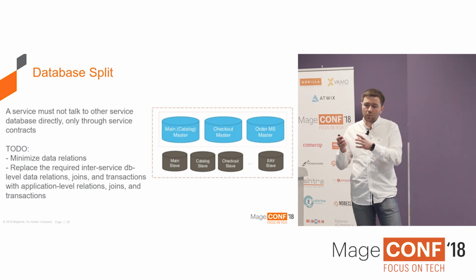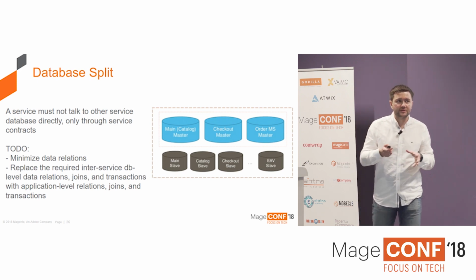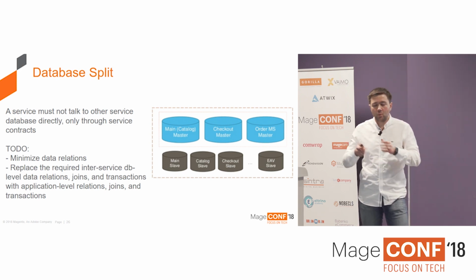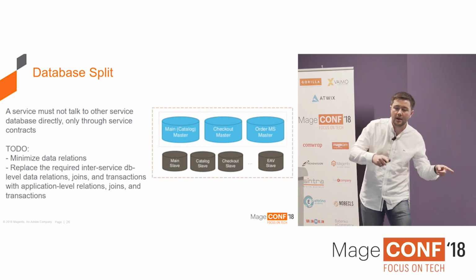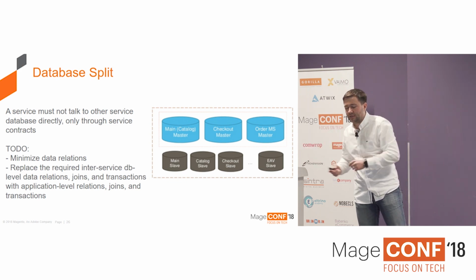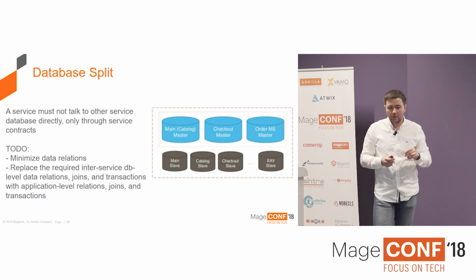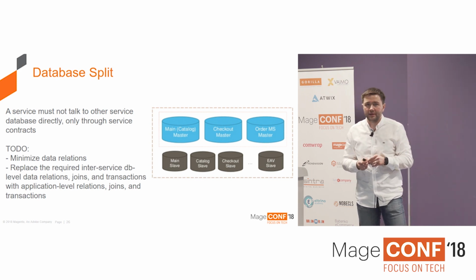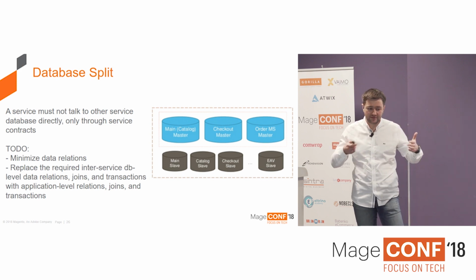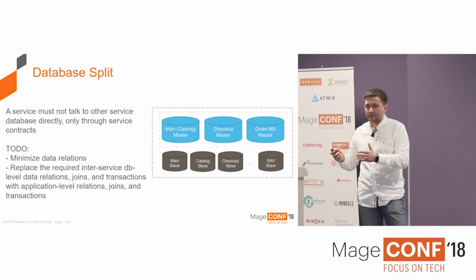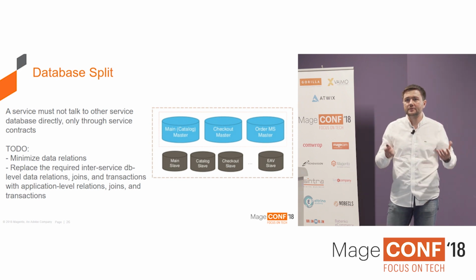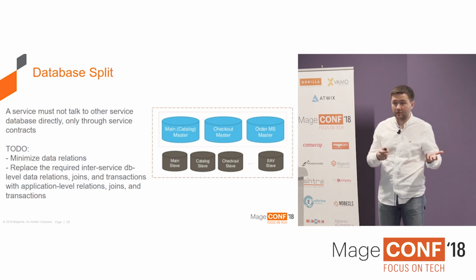And this is what we did, for example, in the scope of the new inventory mechanism, where we don't have any joins between the catalog and the new inventory database, and there are no foreign keys on the catalog. That's why, for example, we can proceed with the shipment of products which were already deleted from the catalog.